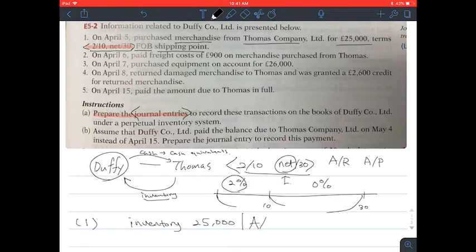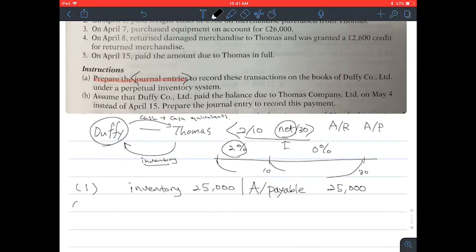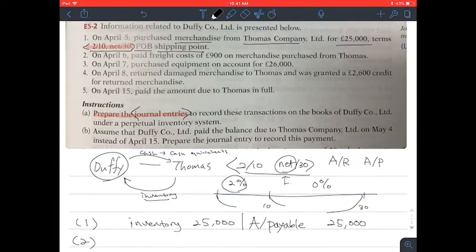So accounts payable $25,000. Okay. Number 2, it says on April 6, paid freight costs of $900 on merchandise purchased from Thomas.